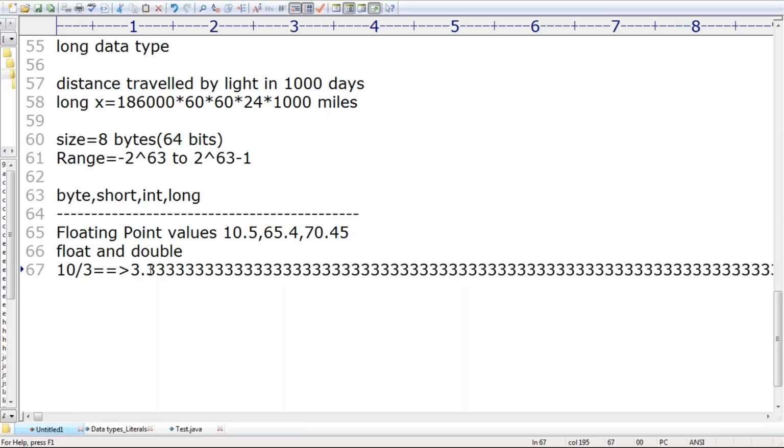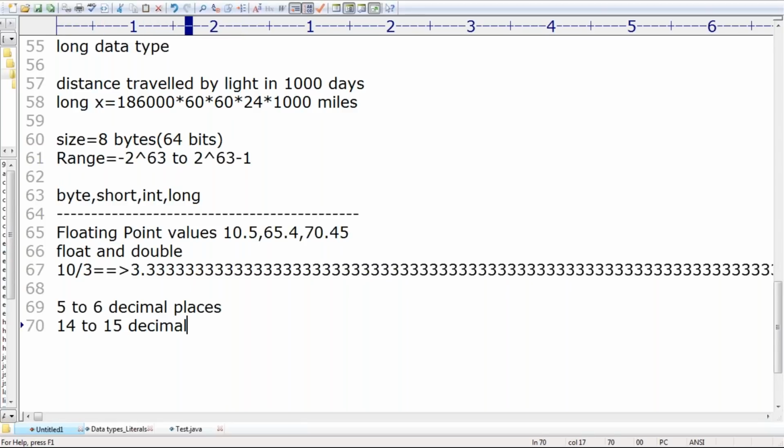So sometimes my requirement is to take only 5 to 6 decimal places of accuracy after the decimal point, and that is enough. Sometimes I want 14 to 15 decimal places of accuracy. Observe that.